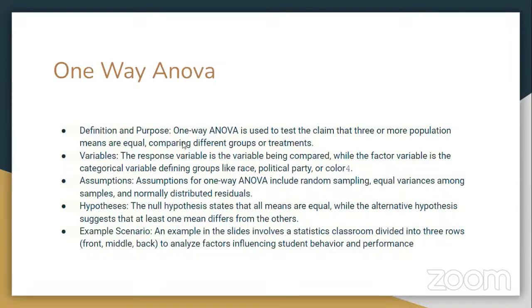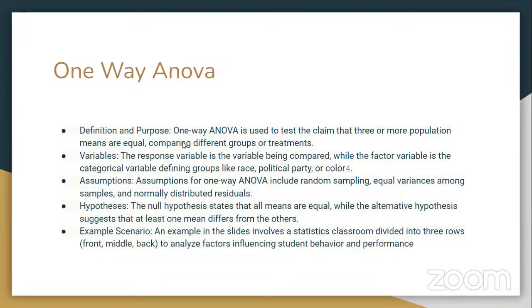Definition of one-way ANOVA. One-way ANOVA is used to test the claim that three or more population means are equal, comparing different groups or treatments. Variables in one-way ANOVA: the response variable is the variable being compared, while the factor variable is the categorical variable defining groups like race, political party, or color.